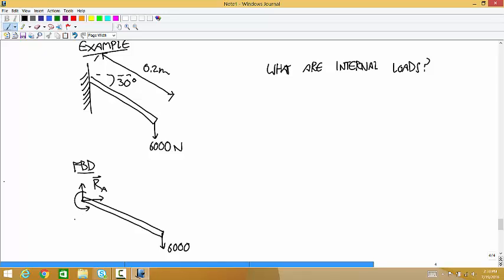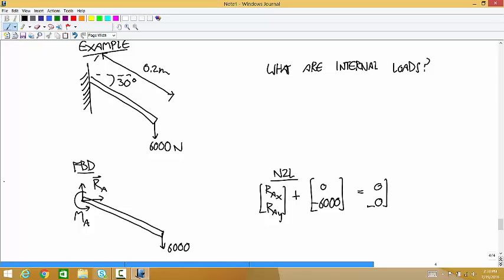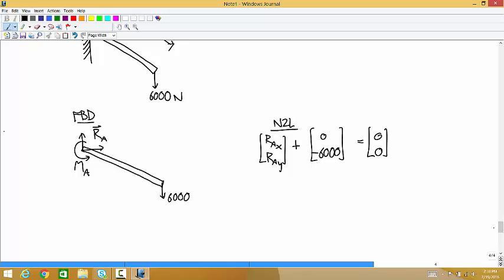And a couple, I'll call that MA. So Newton's second law says RAx, RAy plus 0, negative 6,000 is equal to 0. So RA is equal to 0, positive 6,000.